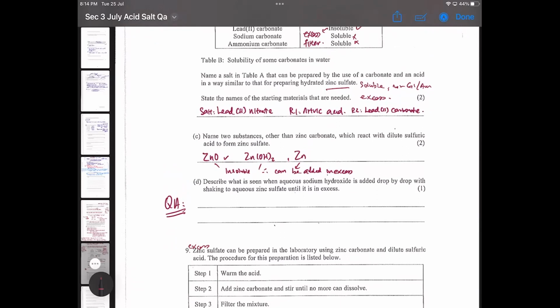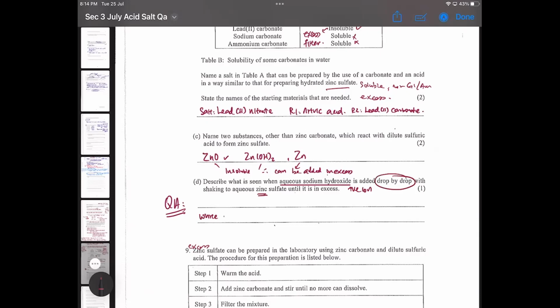So the QA party, this is a sodium hydroxide testing. Sodium hydroxide testing, if you remember, is to test for positive ion. And the positive ion here is zinc. So for the zinc ion testing in sodium hydroxide, we say that white PPT forms, because you're adding drop by drop.